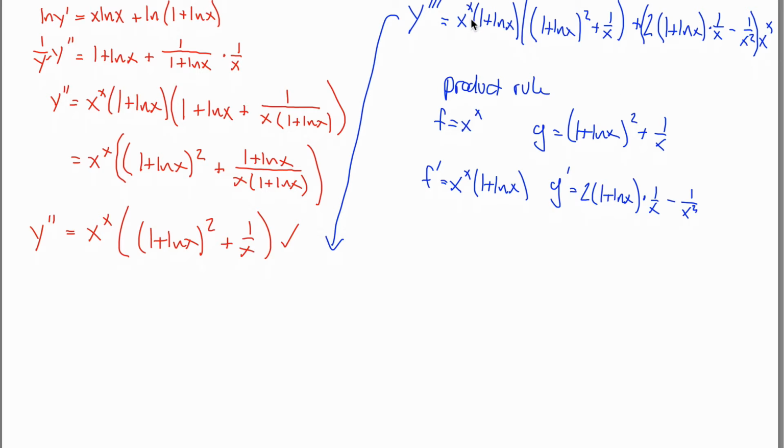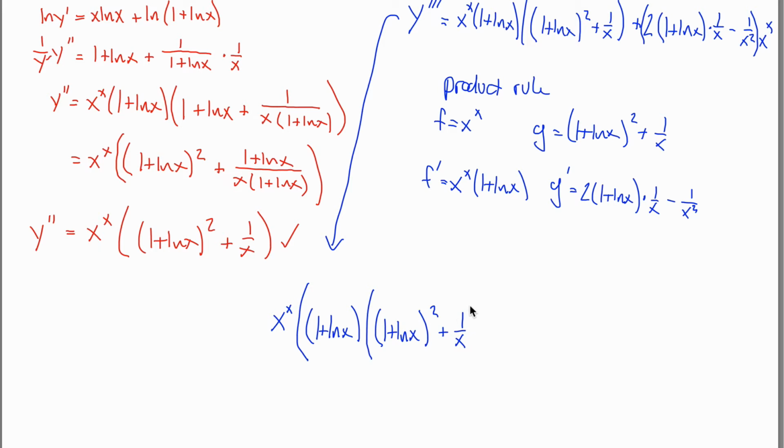They both have an x to the x in them. So I'm going to factor out that x to the x. And then what I have left in this first term is a 1 plus natural log of x that needs to be multiplied by (1 plus natural log of x) squared plus 1 over x.